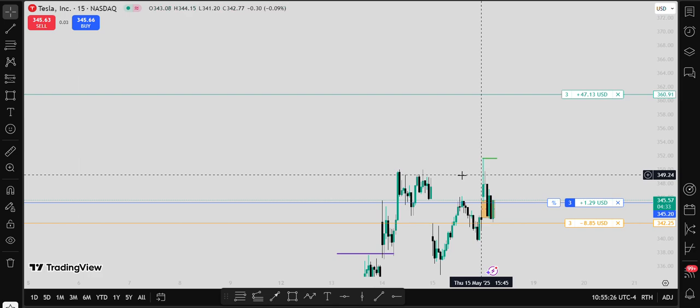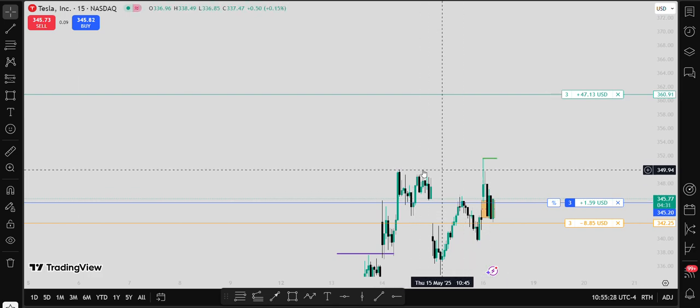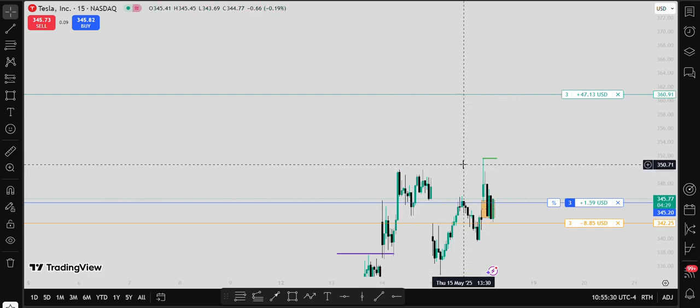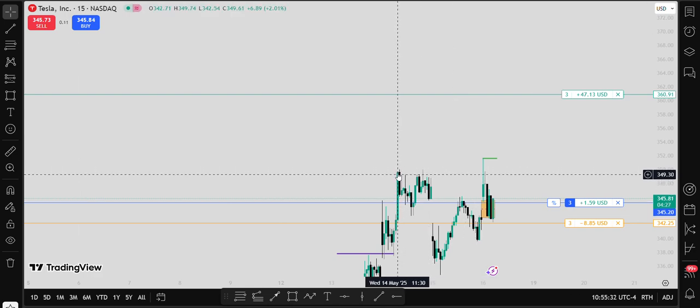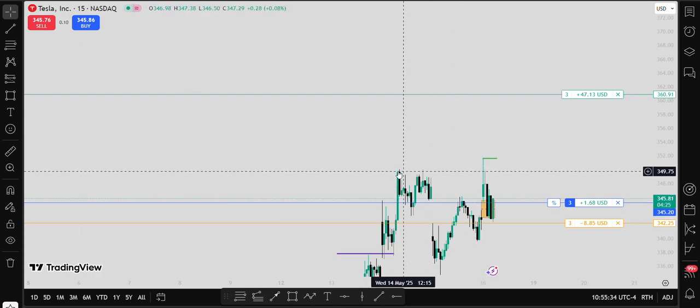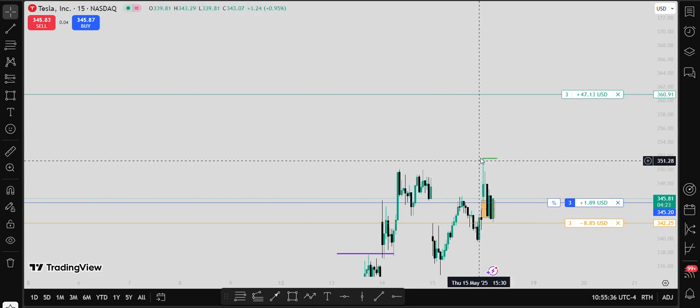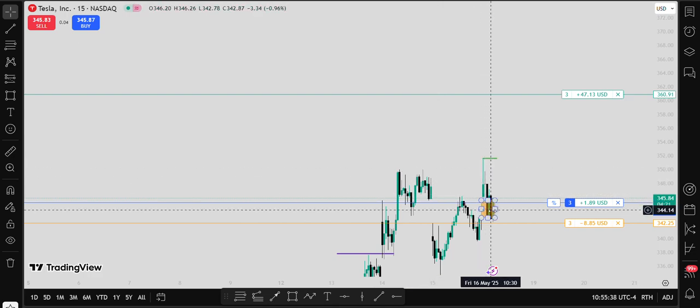From ICT, I think you know that these are still equal highs. Why? Because as you can see, these two are equal highs, but it was taken out by this week, then it sold off a little bit.